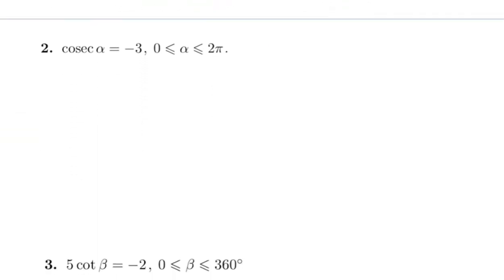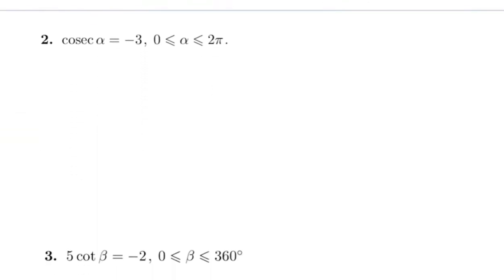Number 2, be very careful. This time we're working in radians. So we need to make sure our calculator is working in radians for us. And we're solving cosec alpha equals -3. Now remember, cosec is 1 over sine alpha equals -3. Therefore, sine of alpha equals minus a third.